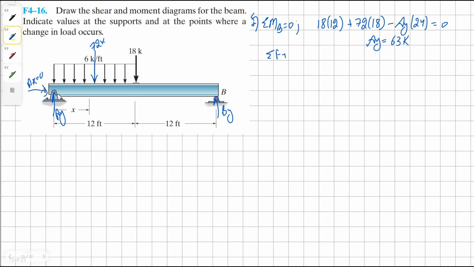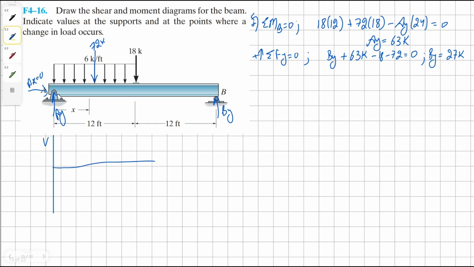Now we can basically sum the forces in the y direction to find our solution for BY. We're going to have BY as 27K. Now we can start drawing the shear diagram.